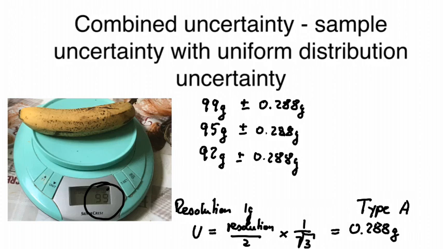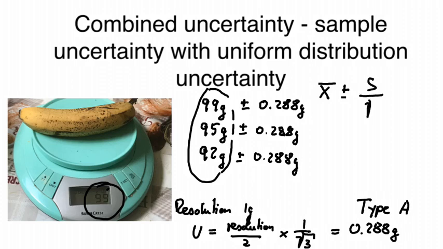And now we've got also a sample, where we said we can calculate the sample uncertainty. And I showed you how we do that. We take the average, that's the x bar, the mean of the weights, plus minus the standard error of the mean, which was s over square root n.